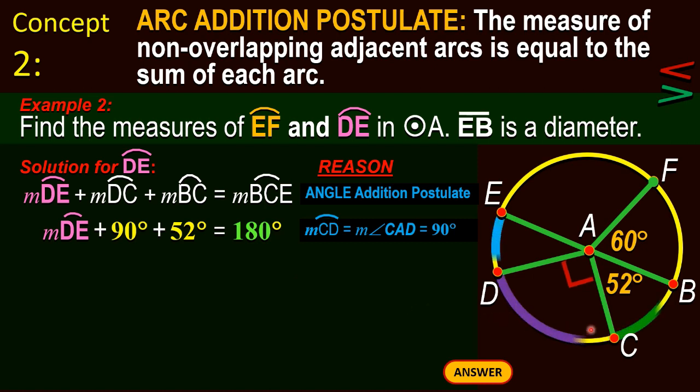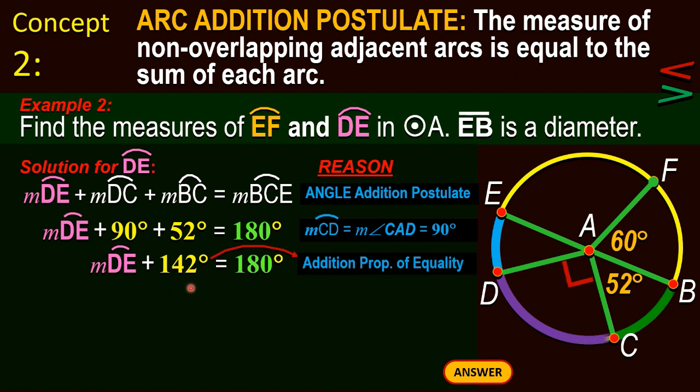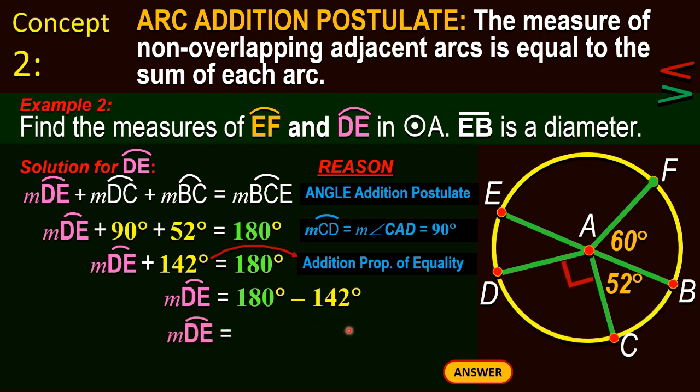Ang arc BC naman natin ay equal sa 52 degrees. So, 90 plus 52 will give you 142 degrees. Using the subtraction property of equality, so 180 degrees minus 142 degrees is equal to 38 degrees. Ibig sabihin, ang measure ng arc DE natin ay 38 degrees.